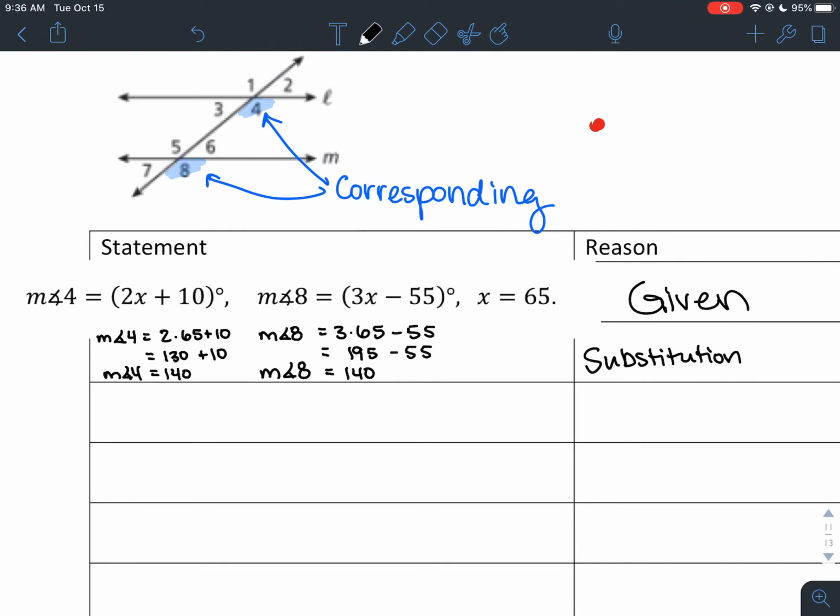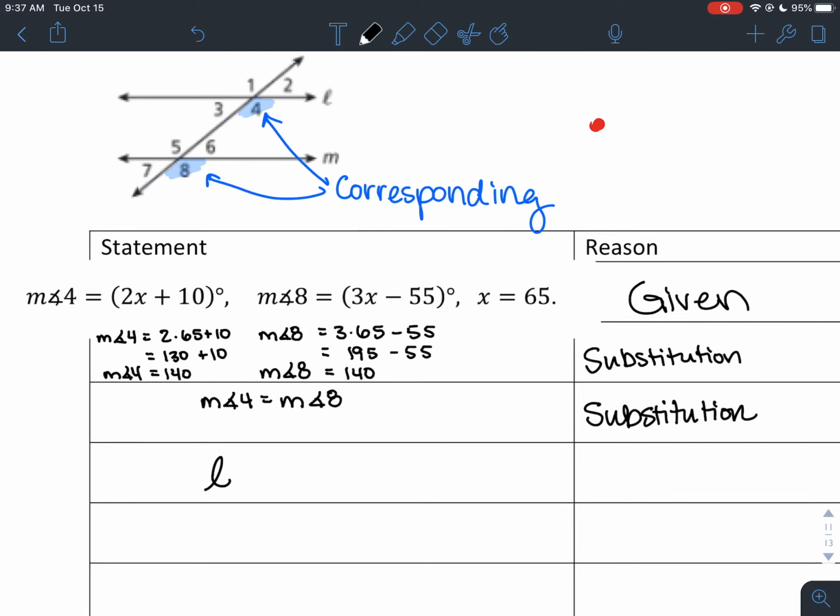Okay, and if the measure of angle 8 is 140 and the measure of angle 4 is 140, that means the measure of angle 4 is equal to the measure of angle 8. And so all I did there was I substituted again. Okay, now those are corresponding angles. If corresponding angles are congruent, so congruent means their measures are equal, then that means the lines are parallel.